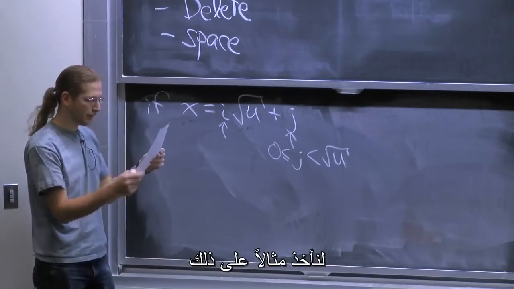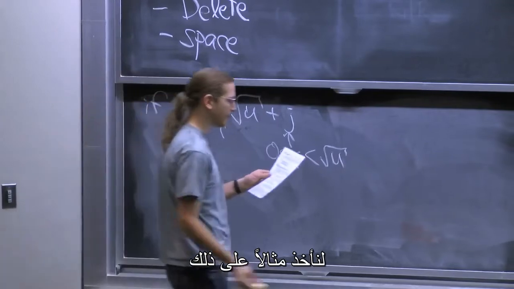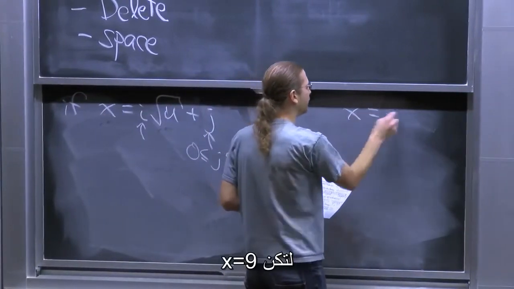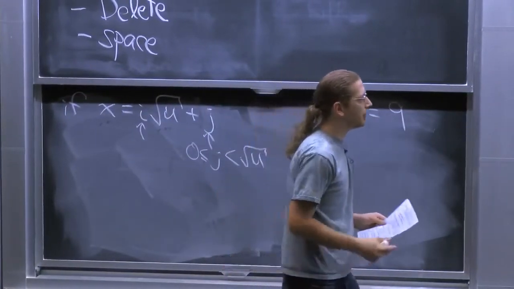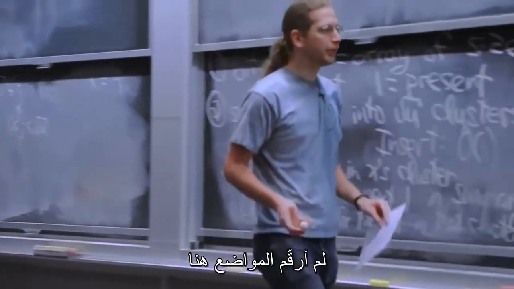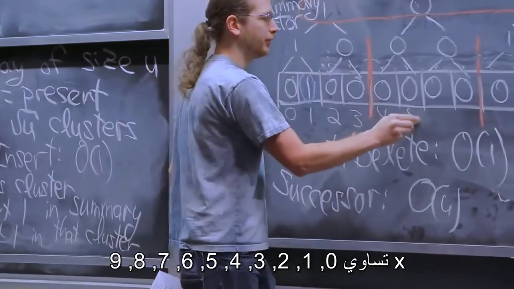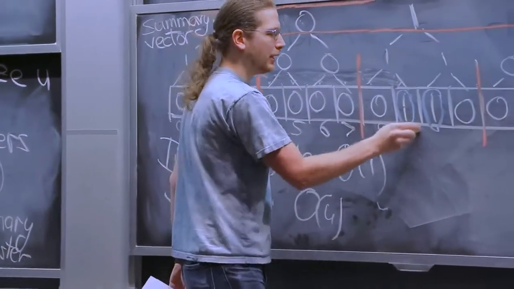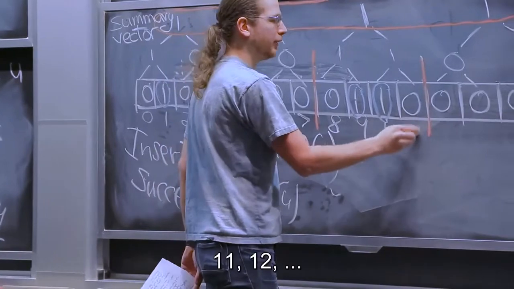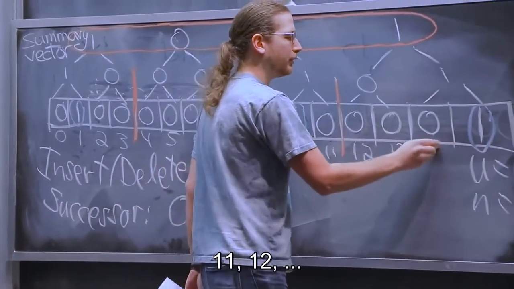So let's do an example, x equals 9. I didn't number them over here. This is x equals 0, 1, 2, 3, 4, 5, 6, 7, 8, 9. Here's the guy I'm interested in, then 10, 11, 12, and so on.